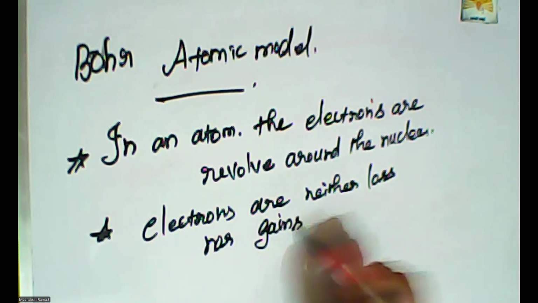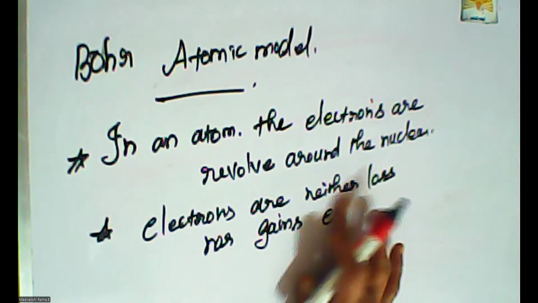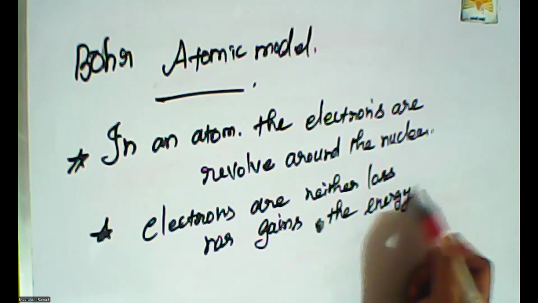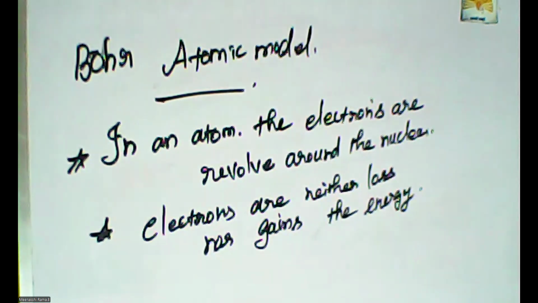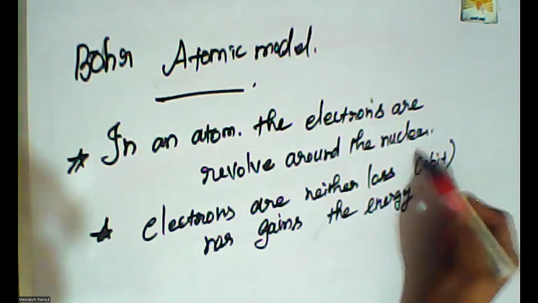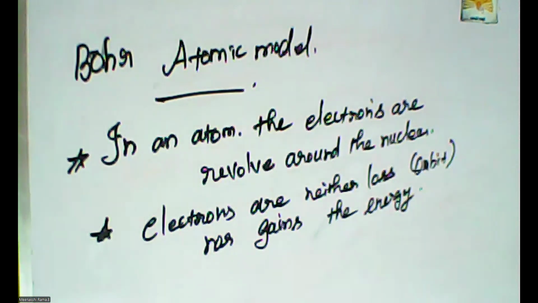This is the second point of his postulates. In the Bohr model, the electron revolving around the nucleus, that area is called the orbit. So the electron neither loses nor gains energy.